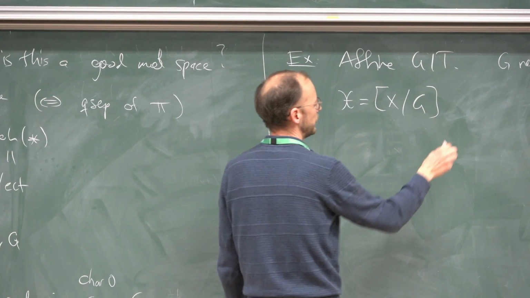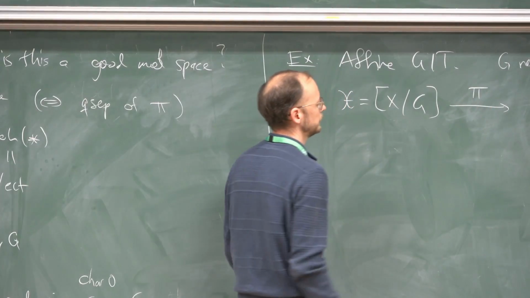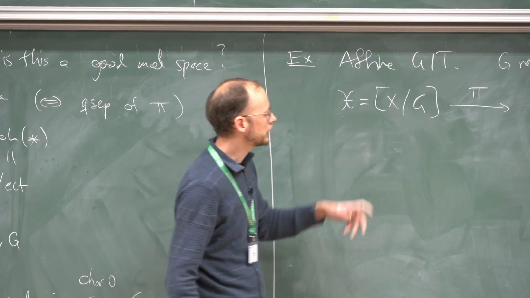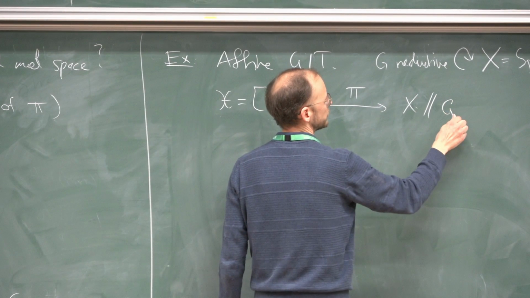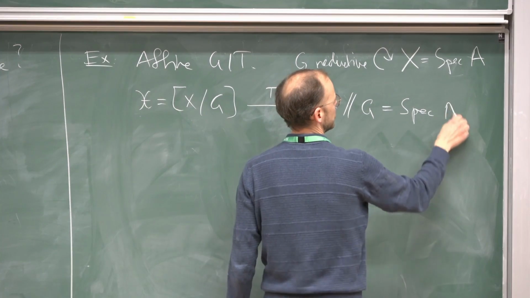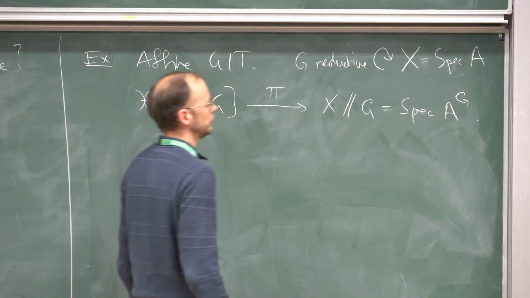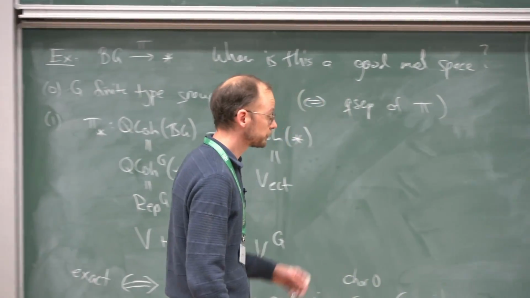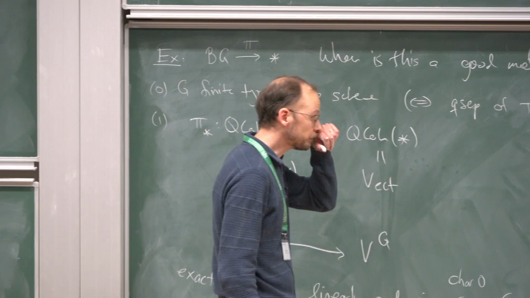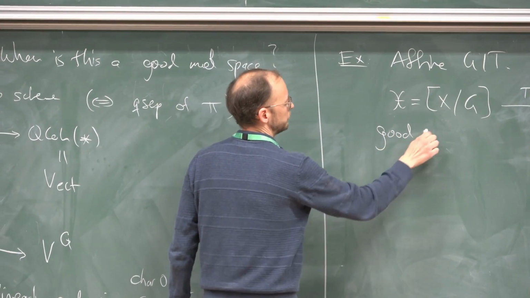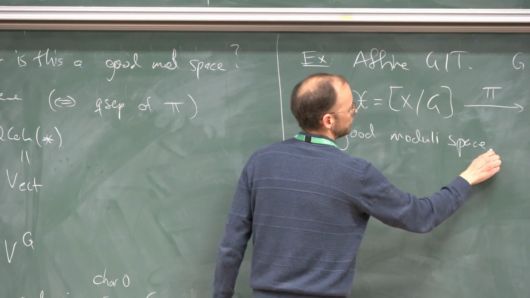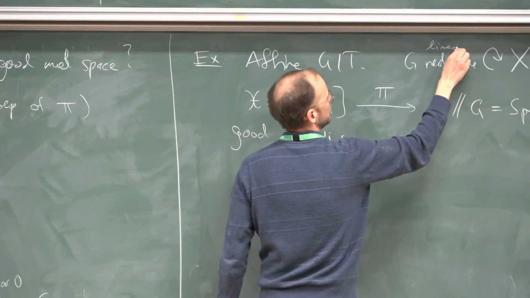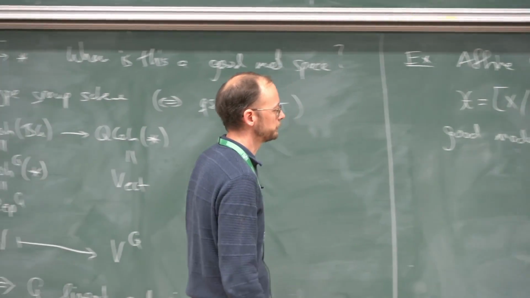I want to convince you that I have a map from this quotient stack to this GIT quotient, the spec of the invariant ring A^G. I claim that this is a good moduli space, and again I have to put in linearly reductive to be precise.